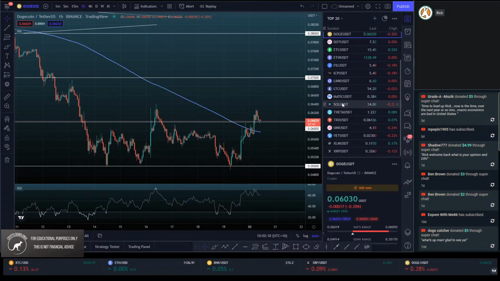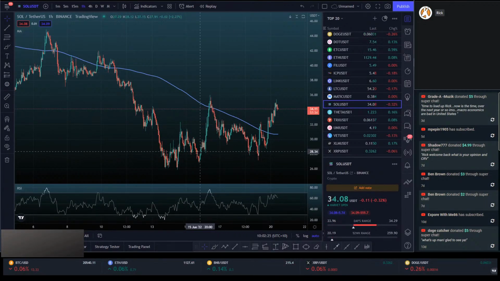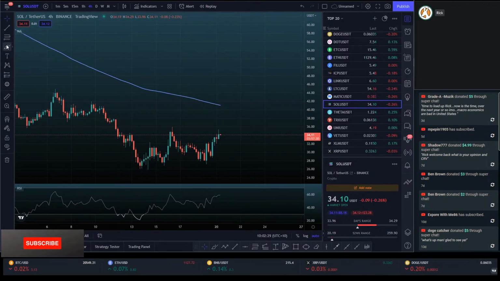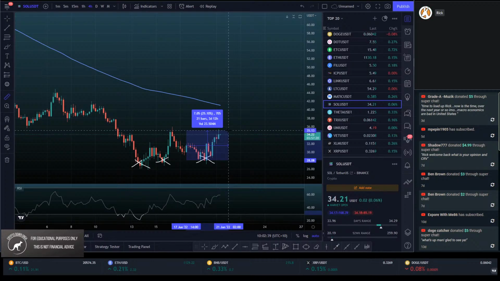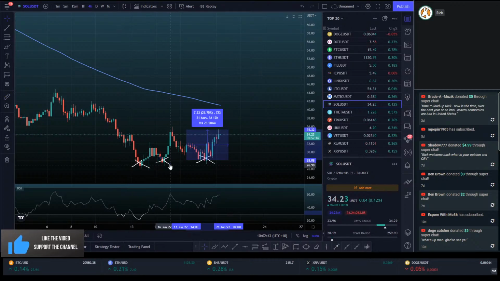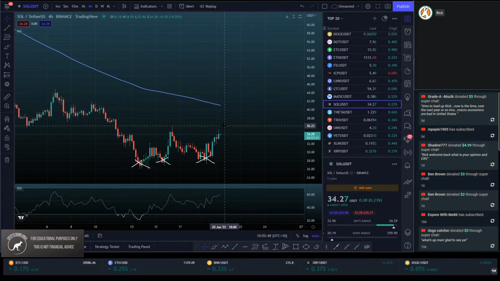Solana has done well as well. In this sell-off, I think Solana went down to $28, something like that. Let's have a look. Oh, even lower, 26. So if you believe in Solana long term, buying down in these areas would have been amazing, because it's already recovered up basically 25% from those lows, which is a good performance out of Solana.